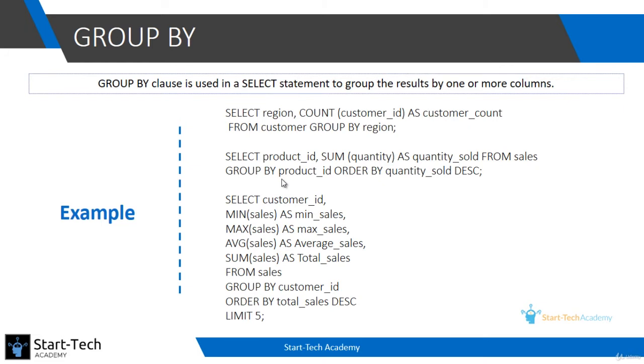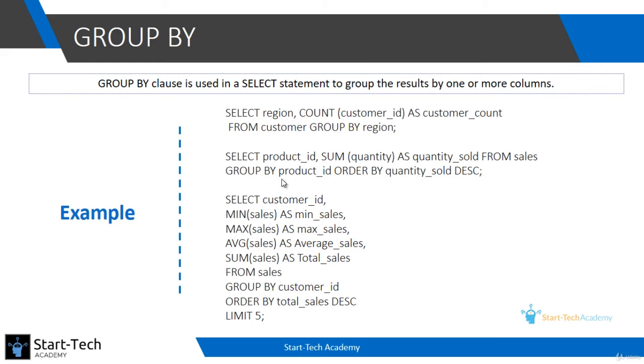Now let us look at how to use group by along with the sum aggregate function. Suppose we want to find out the quantity of each product sold from the sales table. How do we do that?